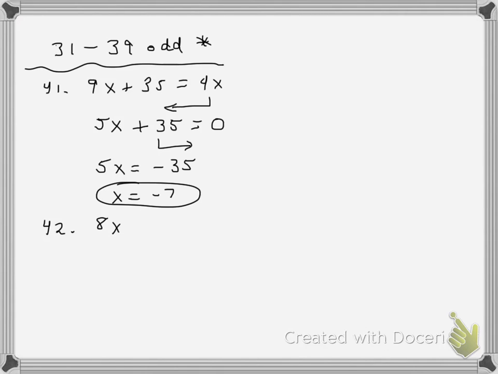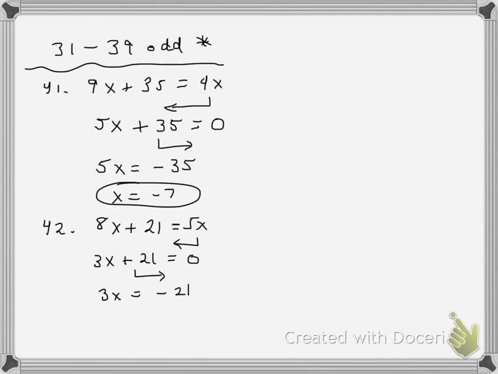Let's look at the next one. 8x plus 21 equals 5x. I guess I'm just assuming it's this step. 3x plus 21 equals 0. That's a 0. Subtract. 3x equals negative 21.